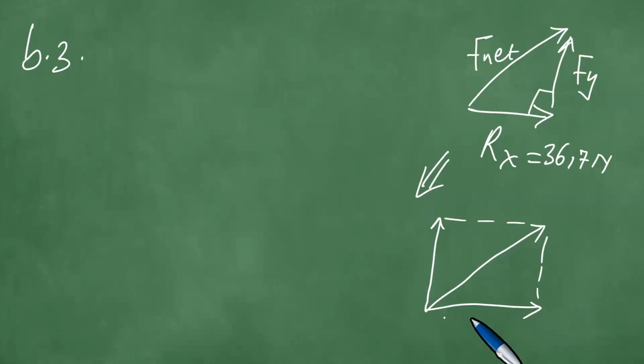You can call it the resultant in the x direction, which is 36.7 newtons. There is F net.